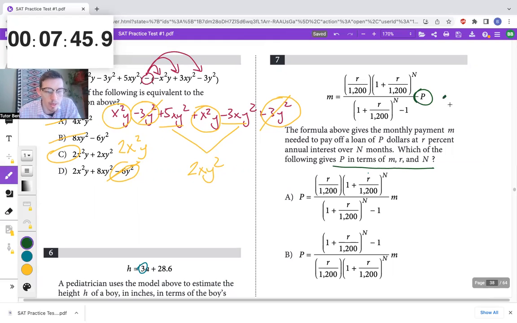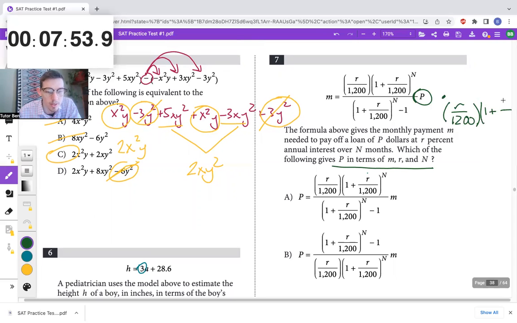So I'll just multiply by R over 1200 times 1 plus this mess. And in the numerator, we have 1 plus R over 1200 to the n minus 1. So basically, this is what I'm looking for times m, just the reciprocal of what was given.